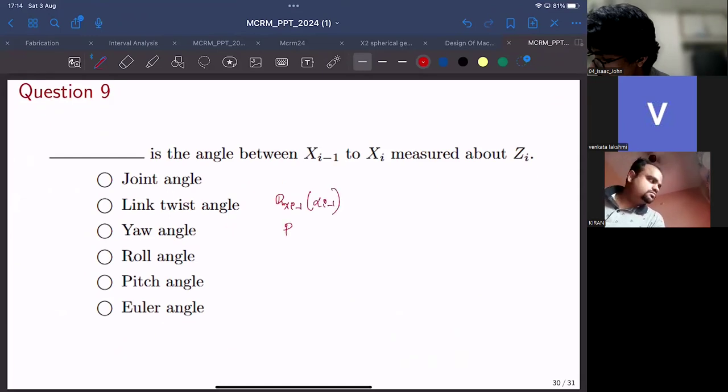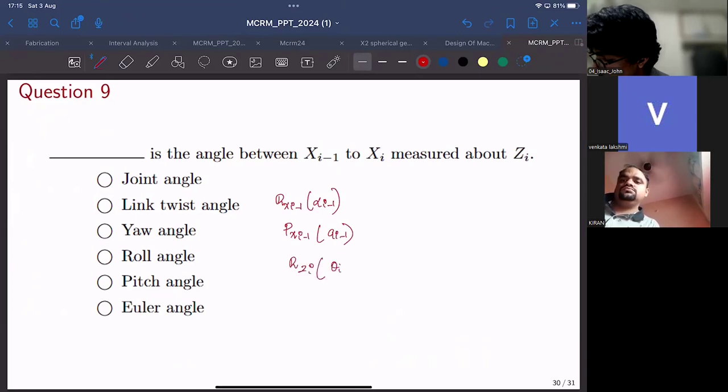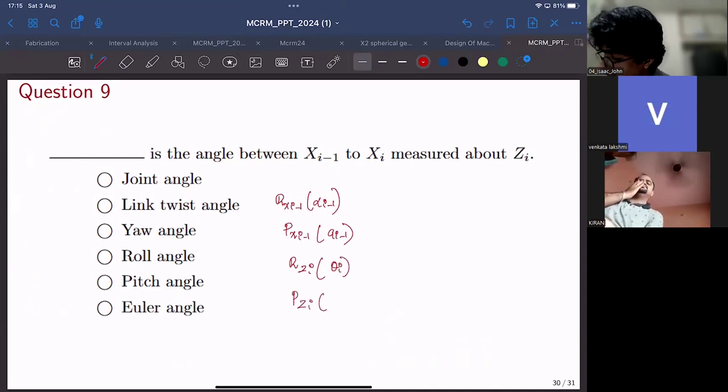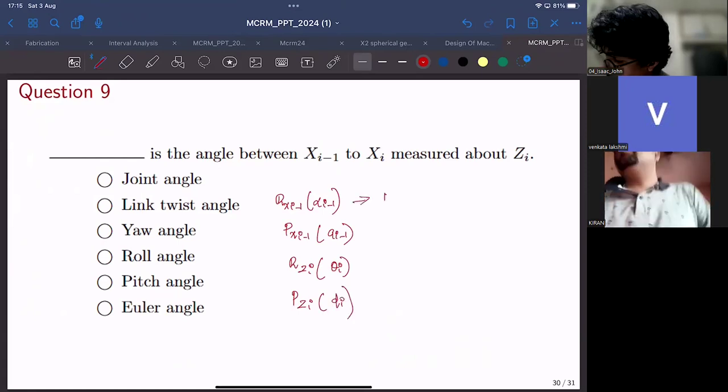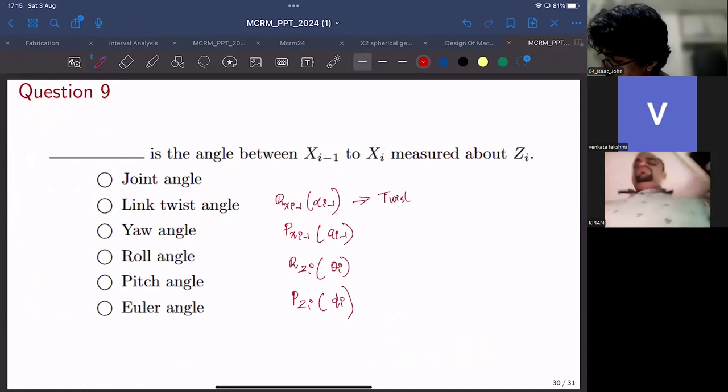Then we have translation along xi minus 1 by ai minus 1. And we have rotation about zi by an amount theta i and translation along zi by an amount ti. And we call this as twist or link twist.